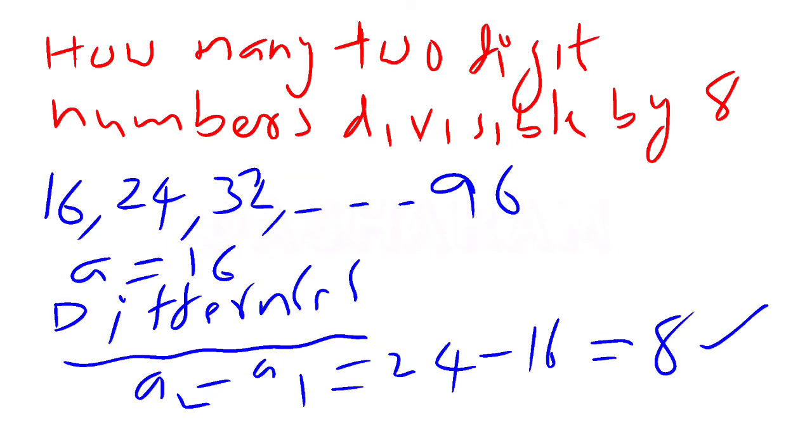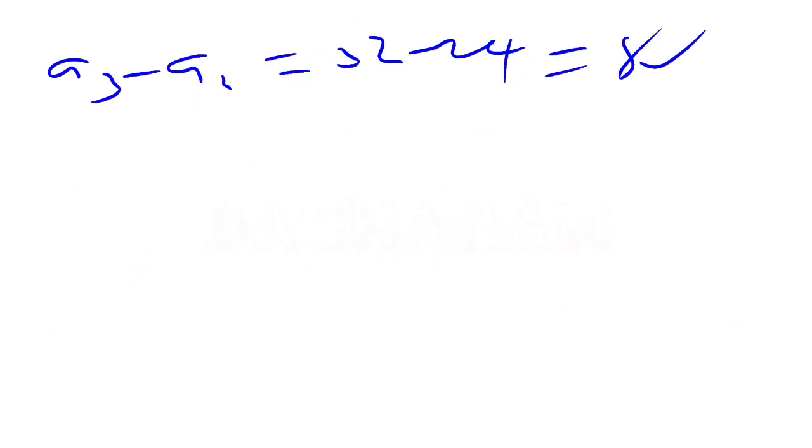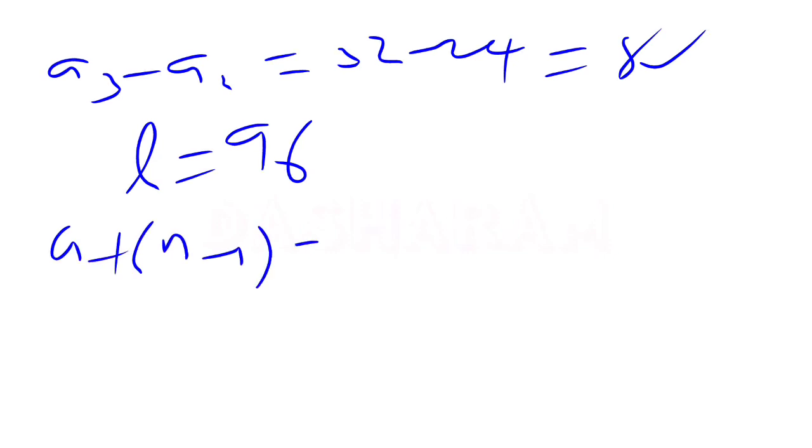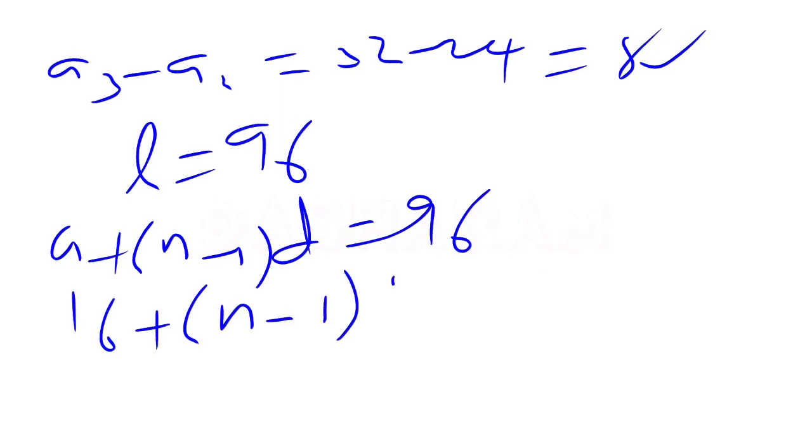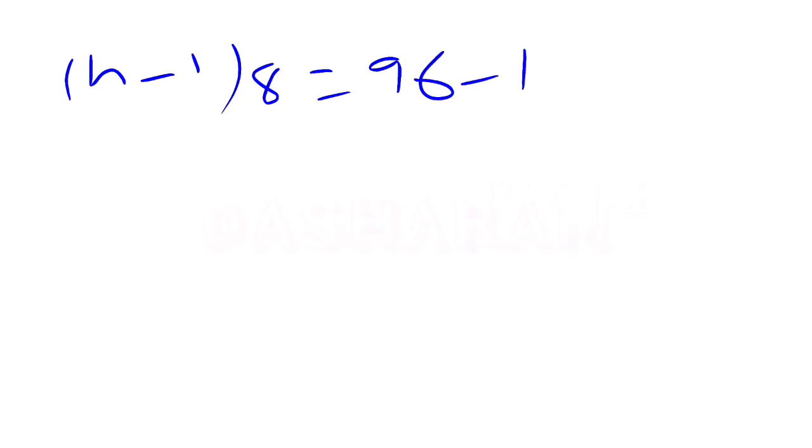Now, how many 2-digit numbers are there in this list? To find that, I take the last number 96 as L, and the formula is a plus n minus 1 into d, equals 96. The a value is 16 and d value is 8.